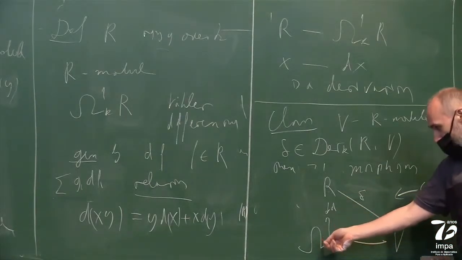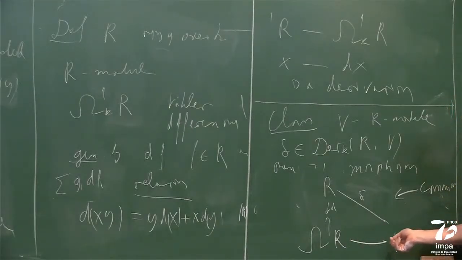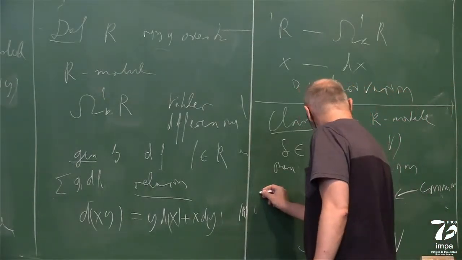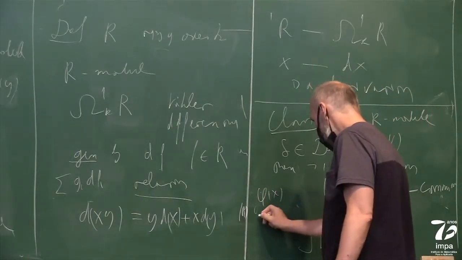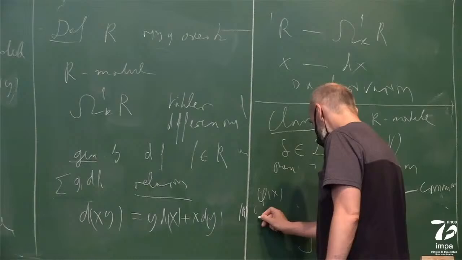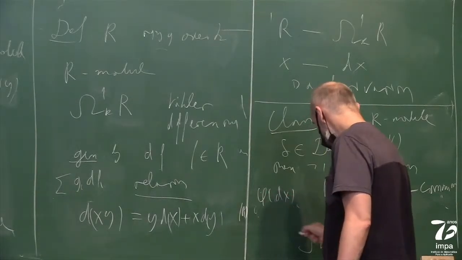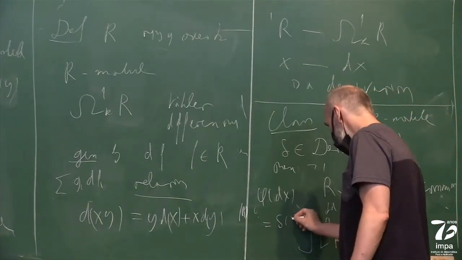Then this df gives you a generator of omega 1 R, and let's call this phi, then phi of dx, where dx is a generator in omega 1 R, is equal to delta of x.